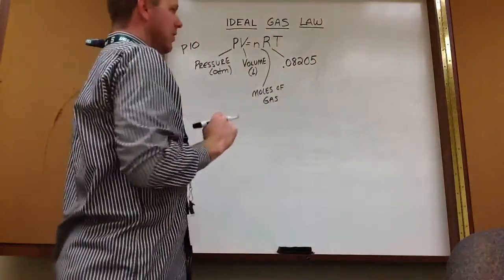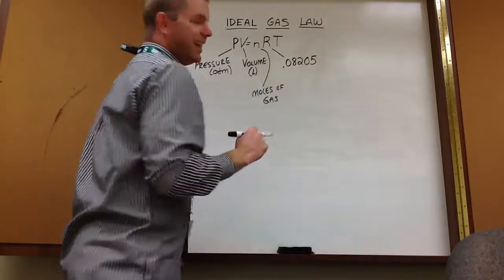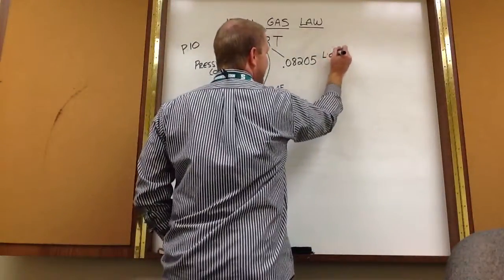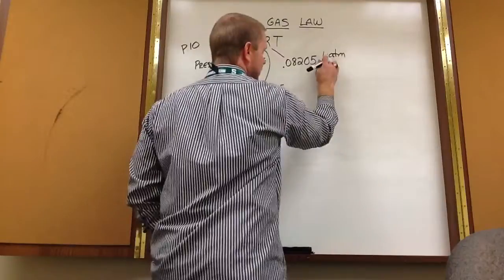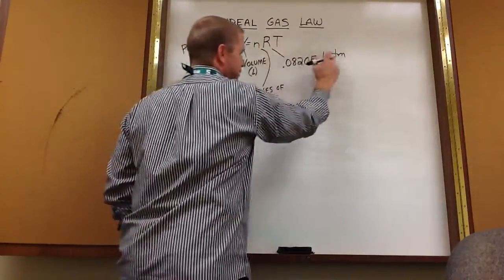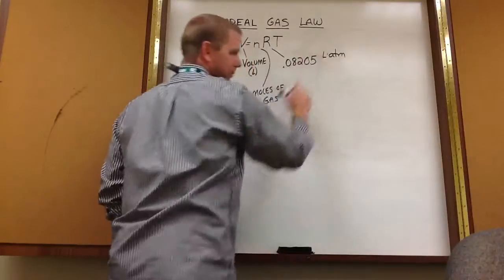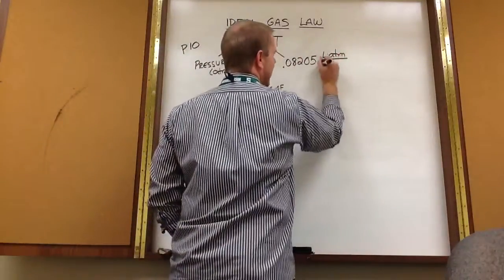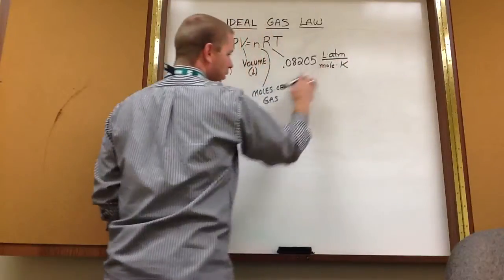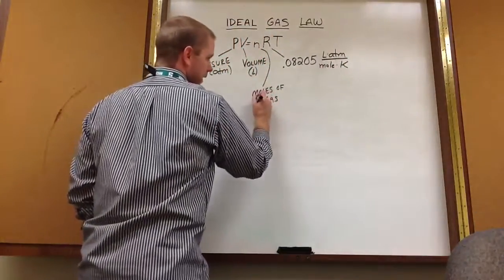It is always 0.08205, and here are the units: liters ATMs. That corresponds to here. ATMs corresponds to here. That's why this has to be in ATMs. That's why this has to be in liters. Liters ATMs per mole Kelvin. Moles. And this is moles right here.